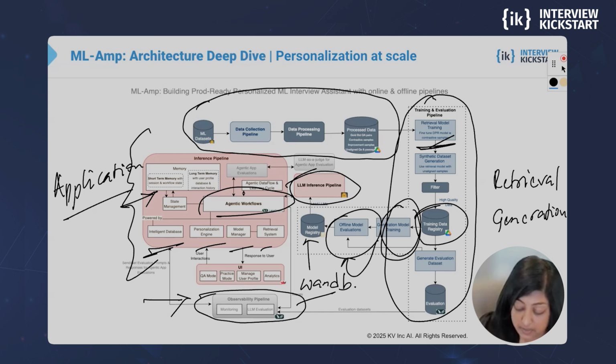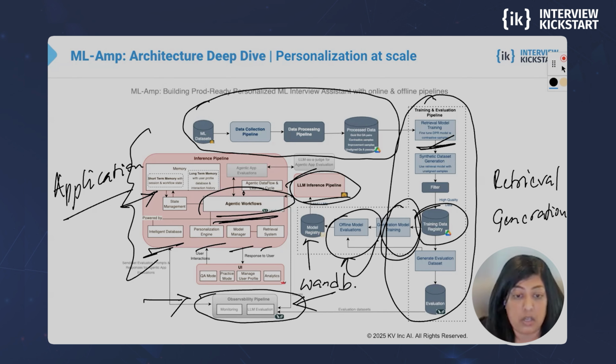Similarly, here, the observability is both the monitoring as well as continuously evaluating whether the agentic workflow together with the models that it's using for inference are all working together without any drift, and serving the learner's needs and helping with personalized ML interview prep. Okay, so these are the various pipelines that went in, and I wanted to give you an overview of the architectural pieces.